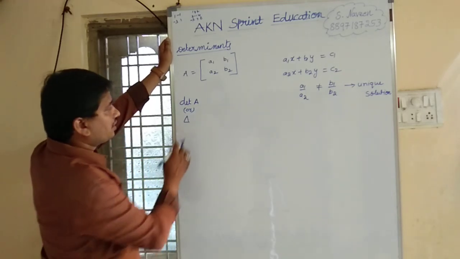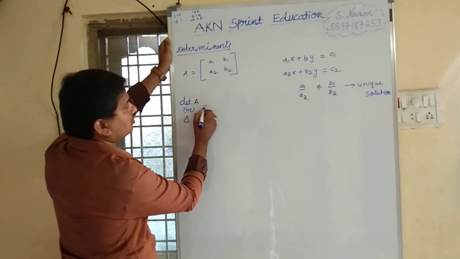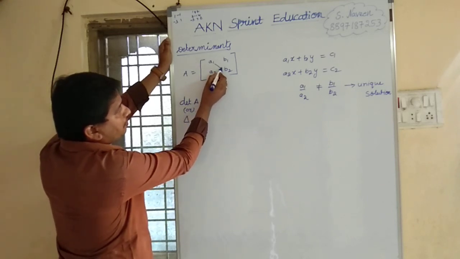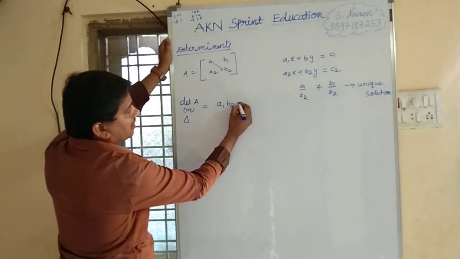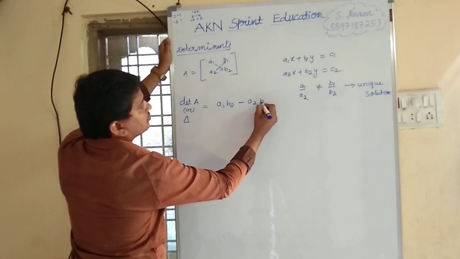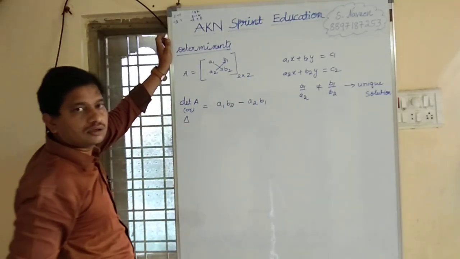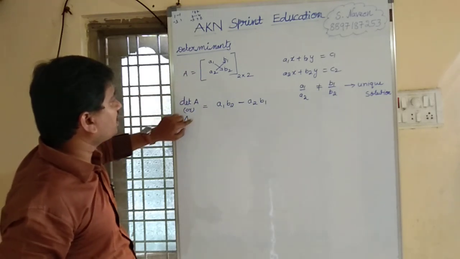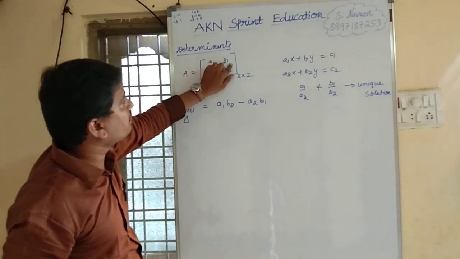The determinant formula is, children, a1 b2 minus a2 b1. For a 2 by 2 matrix, how to find the determinant? That is, det A or delta is equal to a1 b2 minus a2 b1, children.